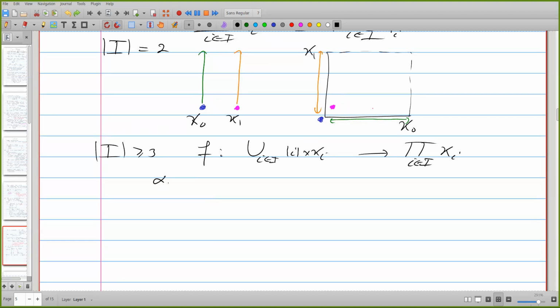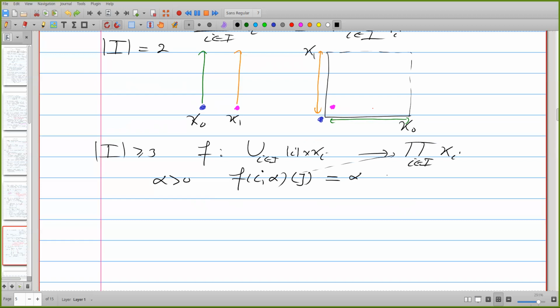If alpha is bigger than 0, then phi of (i, alpha), what is it going to be? It's going to be a member of that Cartesian product. So it has to be a function with domain I, and it has to make a choice in every one of those cardinals.